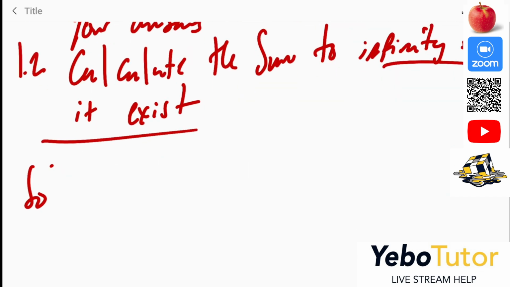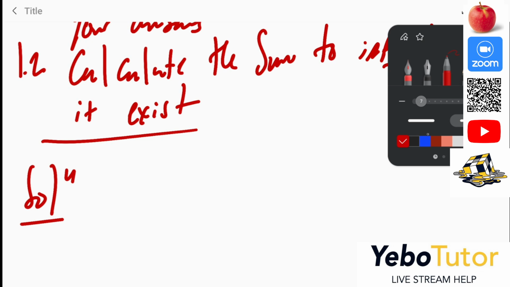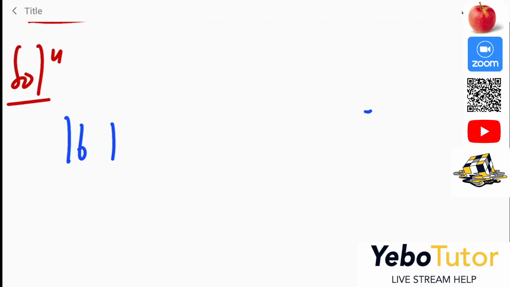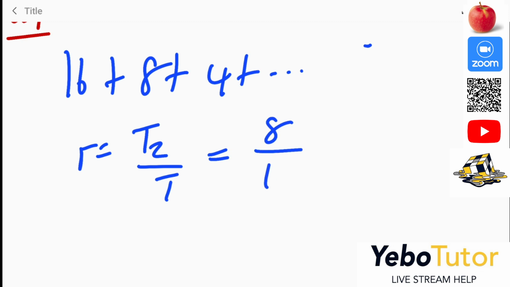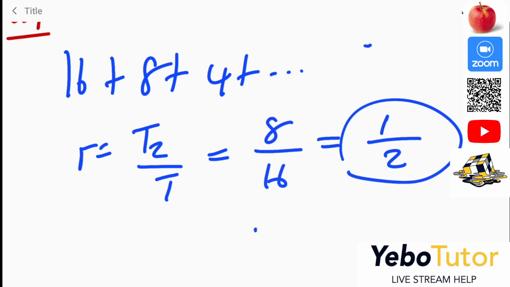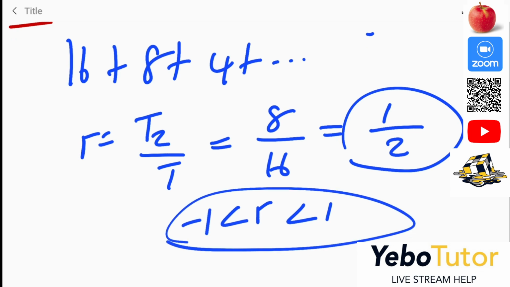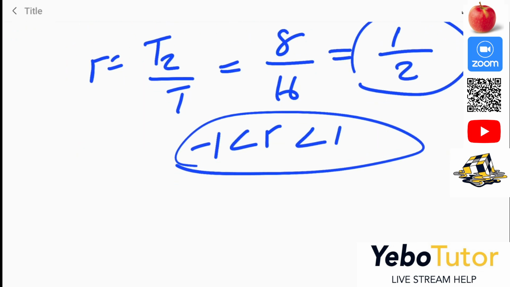So the solution is easy. The first thing is to calculate the value of r. We are given the series 16 plus 8 plus 4 plus, so r is always equal to t2 divided by t1, which is 8 divided by 16, which is equal to 1 over 2. We can see that this r is between -1 and 1, which means this series definitely converges.